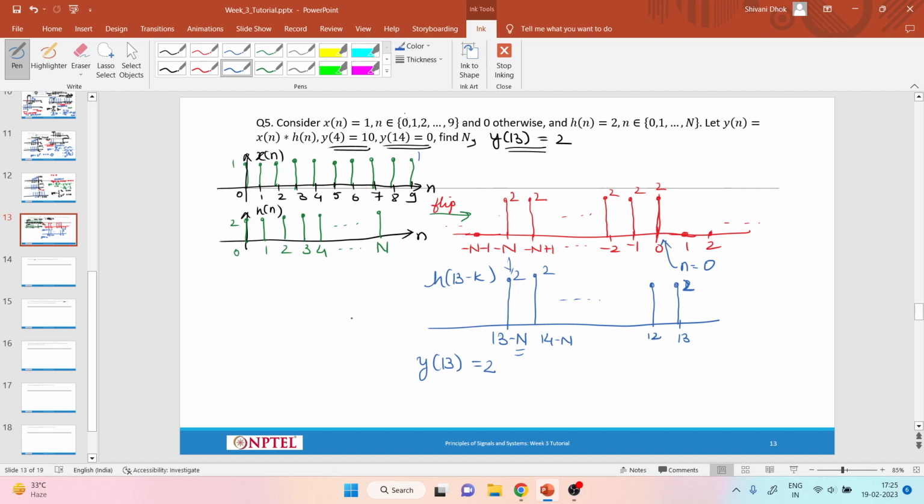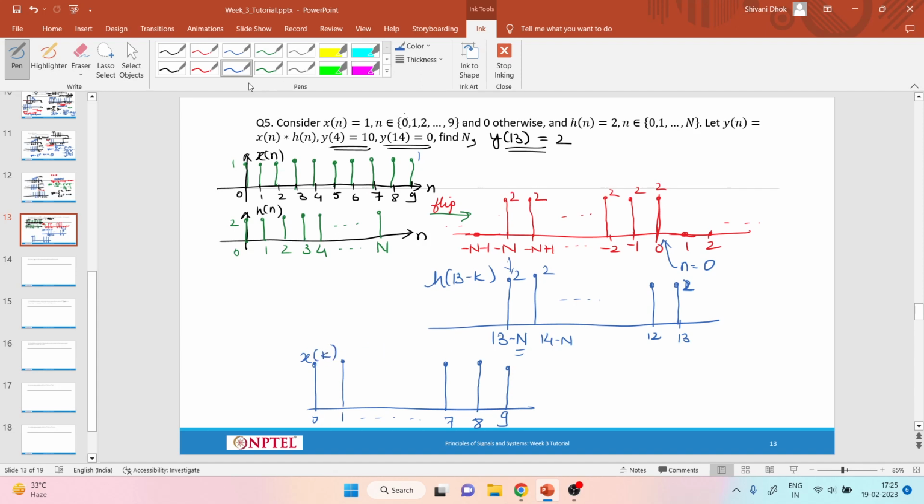So this means that there is only one overlap between x of n and h of n. So basically I am having a situation something like this. This is 9, 8, 7, and so on. This is my 1, this is my 0, and this is my x of k.